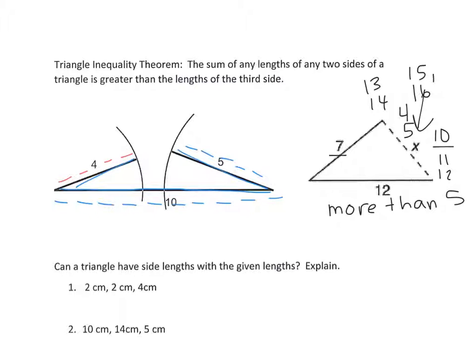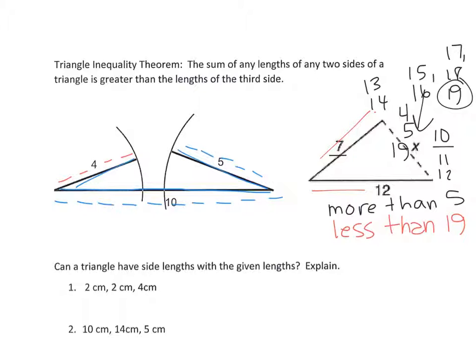Basically, how high can we go until you can't have a triangle? 15, 16, 17, 18. Let's see what happens with 19. If this side is 19, now you have to look at these two being the shorter sides. 7 and 12 is not greater than 19. So that wouldn't work. 20 wouldn't work the same way. So it's more than 5, less than 19.